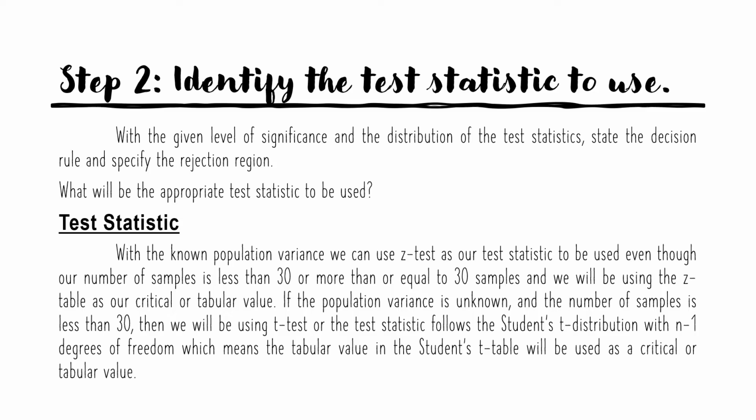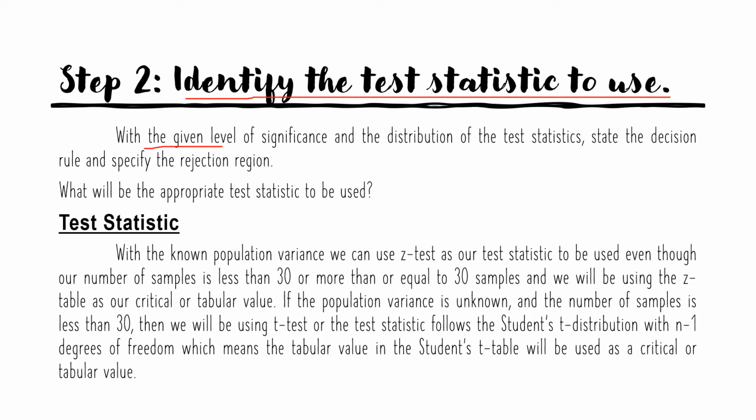For step number 2, we identify the test statistic to use. What will be the best test statistic that we can use based on the given values from our problem?